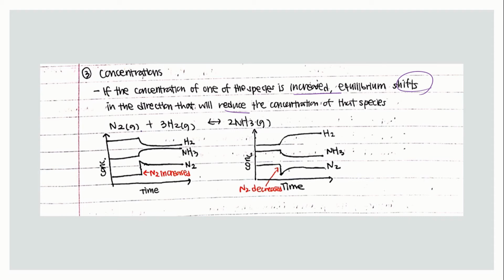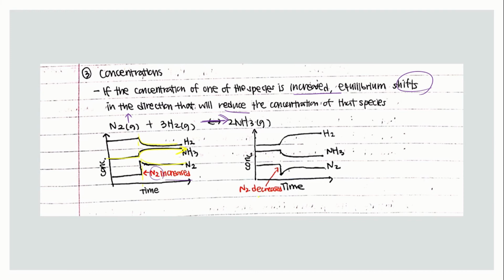For this reaction, which is ammonia synthesis, when N2 is increased, so a reactant is increased, equilibrium will shift toward the product to remove the N2 that is added. The product, ammonia, is increasing, but the reactants N2 and H2 from this point where N2 was added are decreasing because the reaction is shifting toward products.